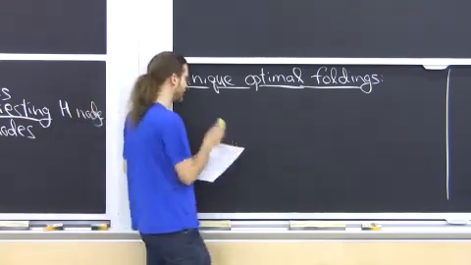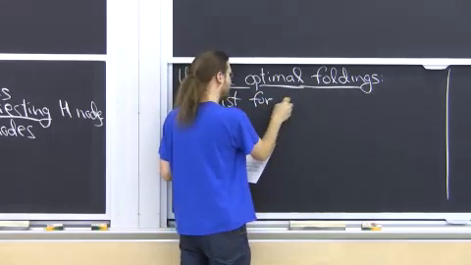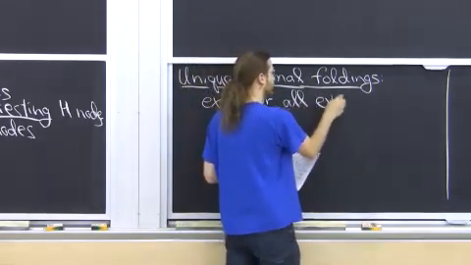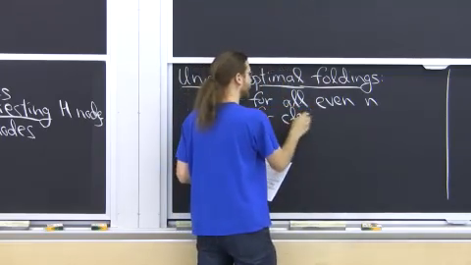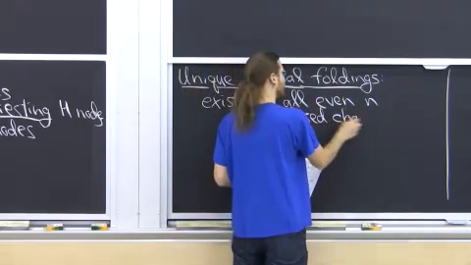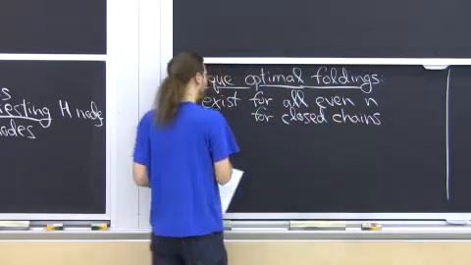In the 2D square grid, they exist for all even n for closed chains. Mostly we care about open chains, but for closed chains you can prove that these exist for all even n.